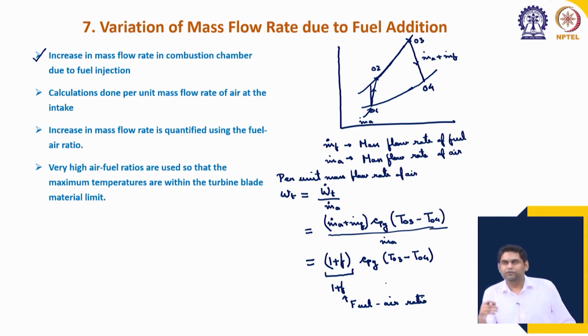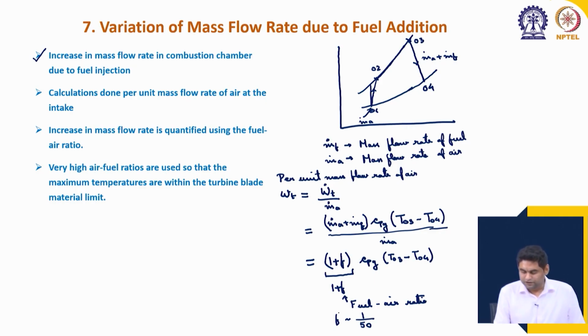But for gas turbines, we use a very lean mixture to keep the final temperature low at the turbine inlet. So, typically air fuel ratios of the order of 50:1 are used, or a fuel air ratio of the order of 1/50. This ensures that the temperature at the exit of the combustion chamber is relatively low, so that the turbine blades do not fail.